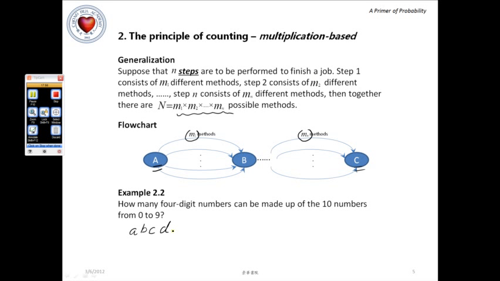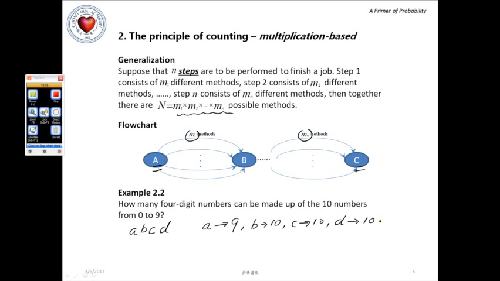Second, can we identify how many numbers exist for each step? Yes. For A, there are 9 numbers for the 1000 digit because it cannot be 0. For the 100 digit B, there are 10 numbers. For the 10 digit C, 10 possible numbers. And for the single digit D, 10 possible numbers.